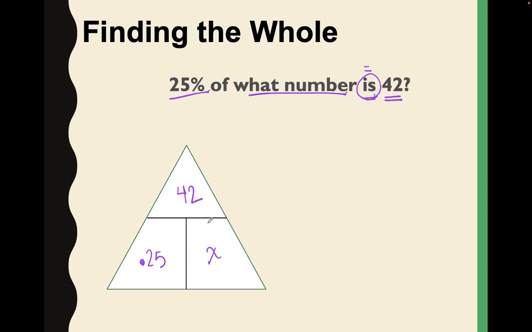So in this case, we're trying to find the whole. We're trying to figure out what was the original amount that we took 25% of. So we have the part, and we're going to divide it by the percent to get the whole. So 42 divided by 0.25 will give us what the original whole number was, 168.